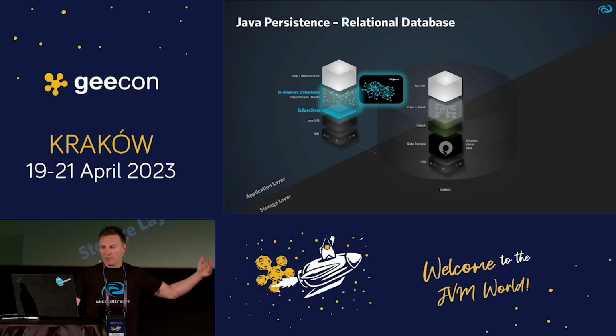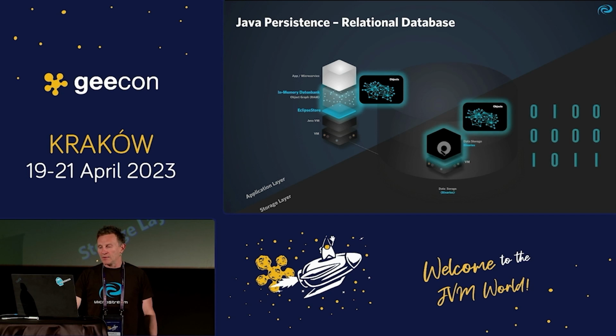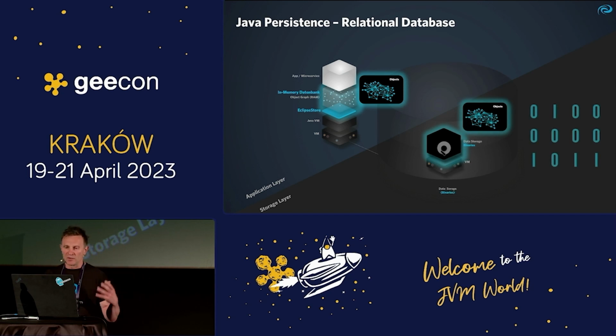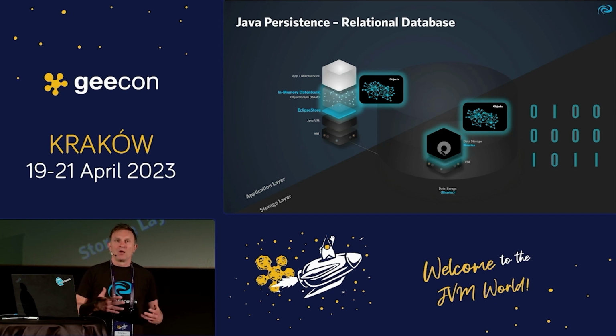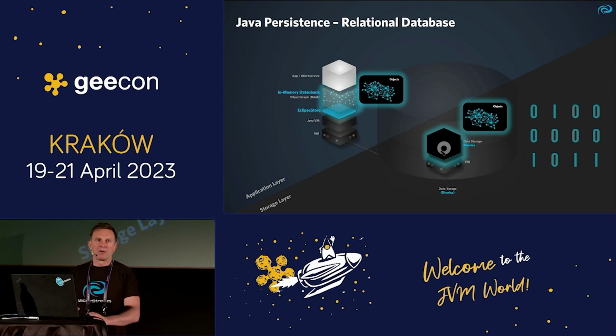Because everything is already in memory, we don't need memory on a database server side. We can skip it also. And the tasks of a database management system are mostly covered by the business logic anyway, because we can do it in Java better.